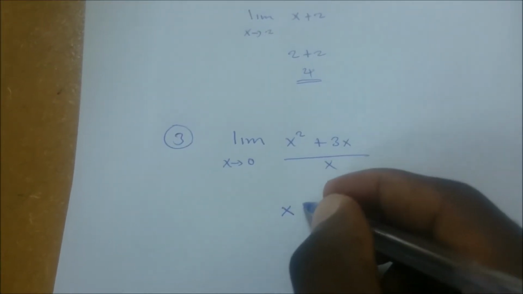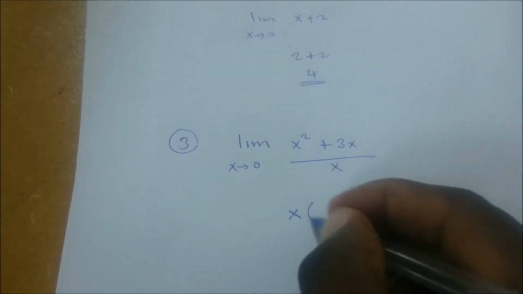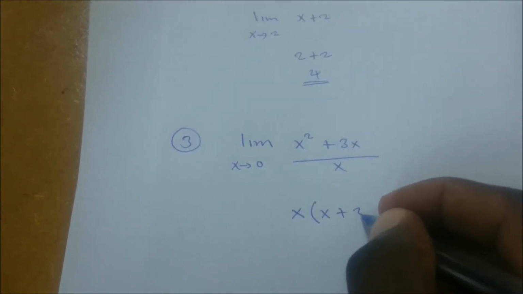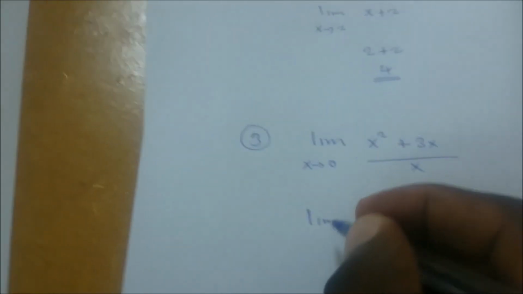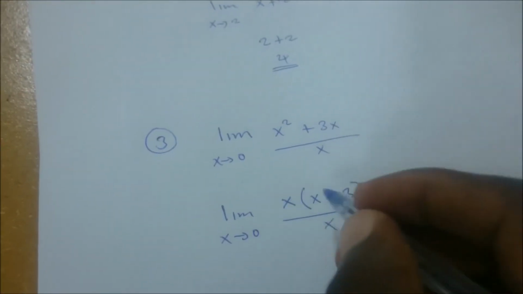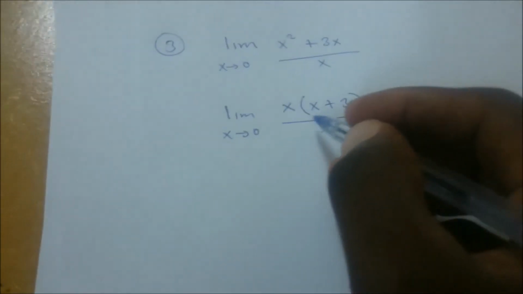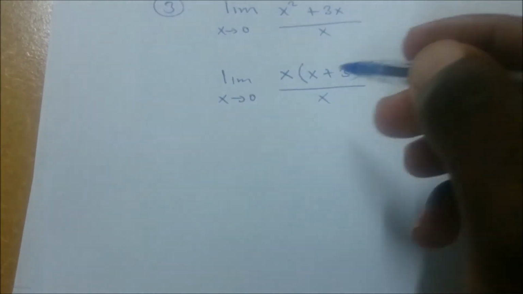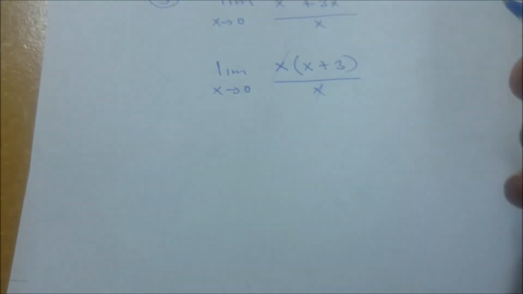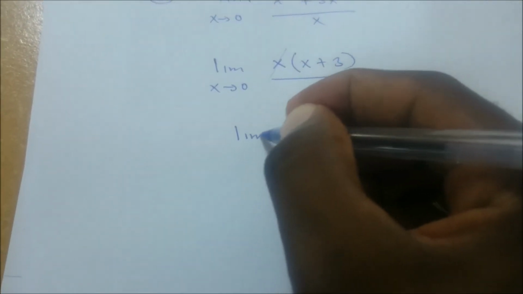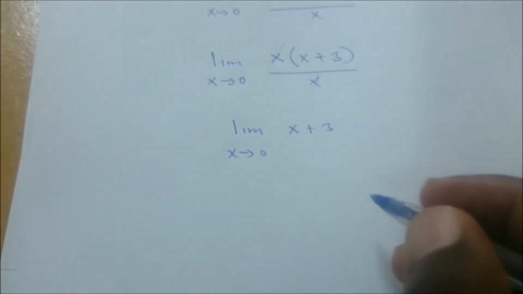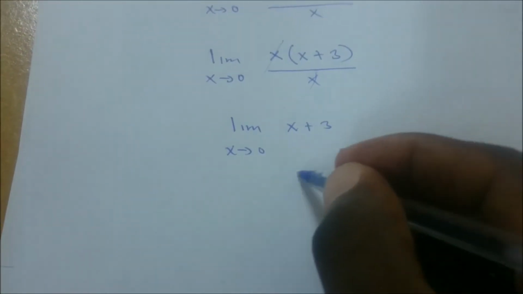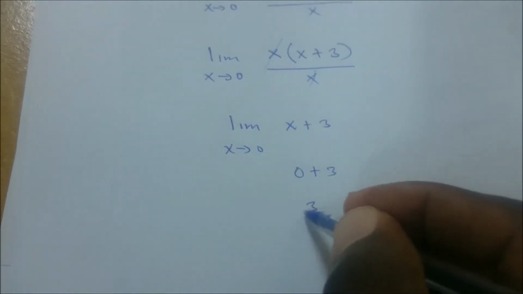When we do this, it will be x times x plus 3 over x, as x is approaching 0. This and this, they are the same. They will go. We'll remain with the limit as x is approaching 0. Can we substitute? Yes, so it will be 0 plus 3, equal to 3.